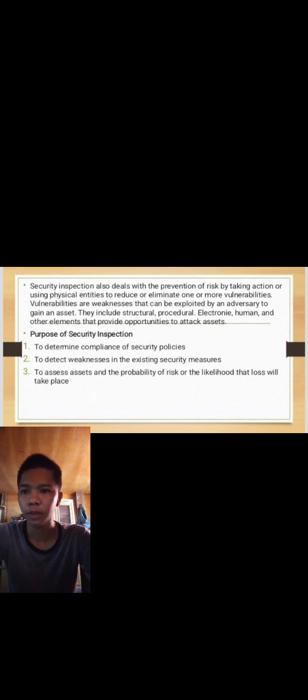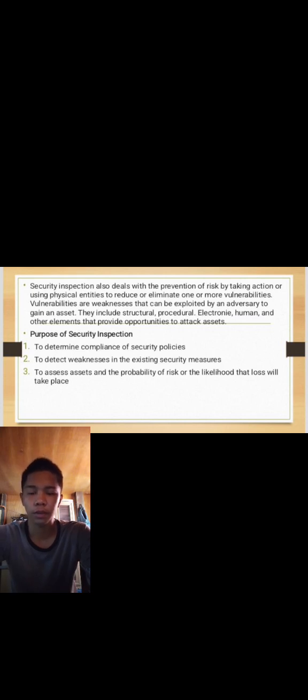Purpose of security inspections: one, to determine compliance with security policies; two, to detect weakness in the existing security measures; three, to assess assets and the probability of risk, or the likelihood that loss will take place.